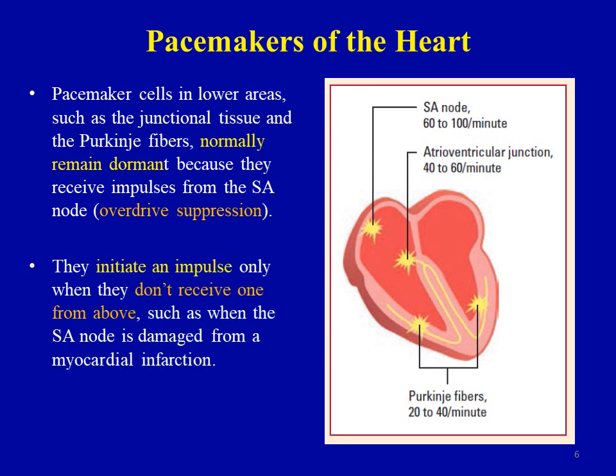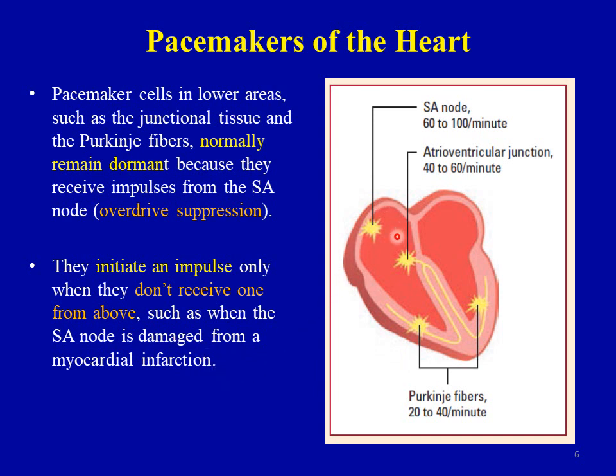The SA node, the AV node, and the Purkinje fibers can initiate an impulse only when they do not receive one from above, such as when the SA node is damaged from a myocardial infarction.